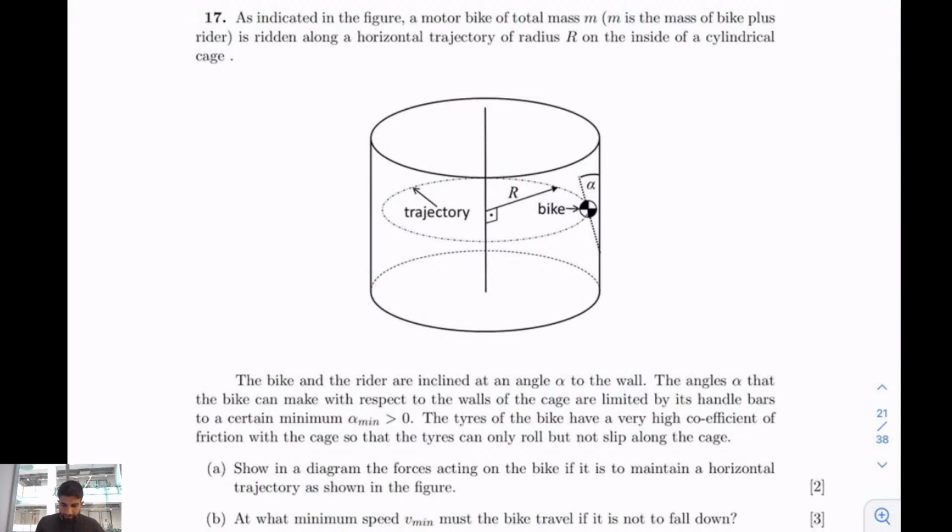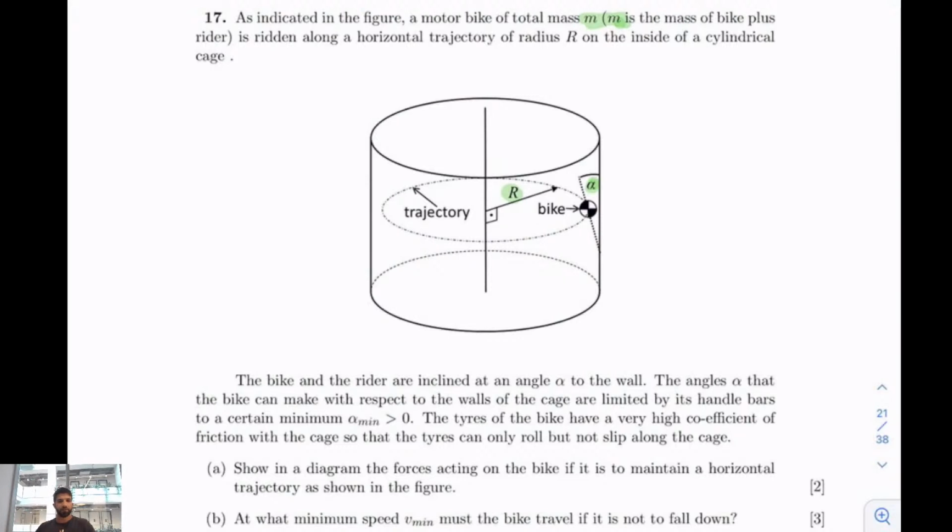So we are given the bike is on a radius of r. There is an angle alpha to the bike, so that's going to be important. M is the mass of the bike, and I'm highlighting what's important as I read the question.